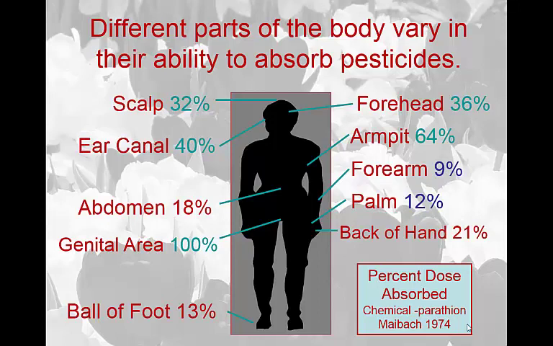So she showed it on his head, and he had the chemical all over his nose, his ears, his mouth. You know, he had done all kinds of stuff with his hands, right, in that class. So she got down to his belt buckle with the black light, and she said, "Do you want me to go any further?" And he says, "No, ma'am, please don't." So you've got to be careful when you're out there spraying and pay attention to what you're doing so that you're not getting chemical on your body all over.